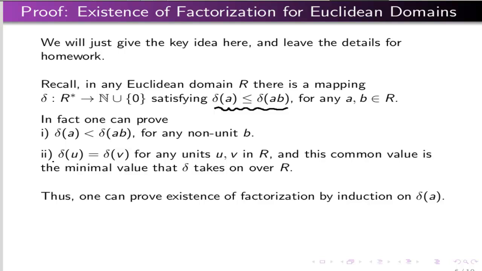And 2, you can show that delta of U equals delta of V for any units U, V in R. And so by combining 2 and 1, this common value that all units take on is the minimal value that delta will take on over all elements of R. So when you're doing the induction proof, you would start with this minimal value that delta takes on, and the theorem is trivially true for that value because these are just units.